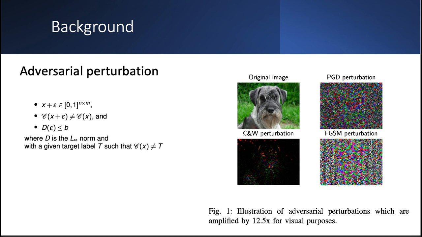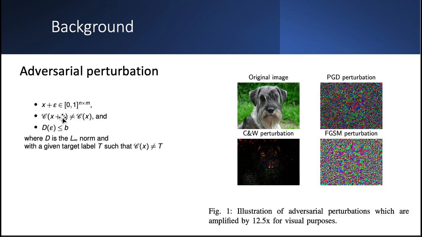So let's start with what adversarial perturbations are. An adversarial perturbation is where we craft a certain epsilon that can be added to x, where it stays in the range of 0 to 1 after normalization, and this crafted perturbation changes the predicted label of the original image.